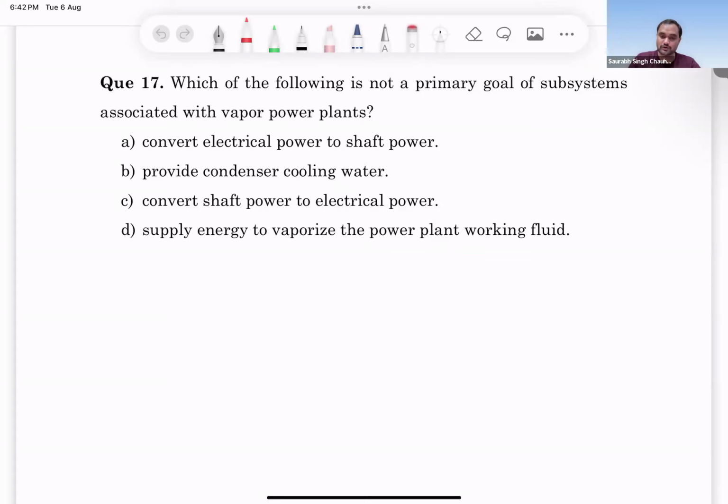Which is not the primary goal of this vapor power cycle? There are four devices, and there are some subsystems. So which of these is not the primary one?